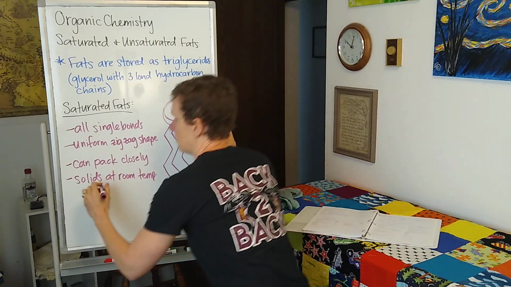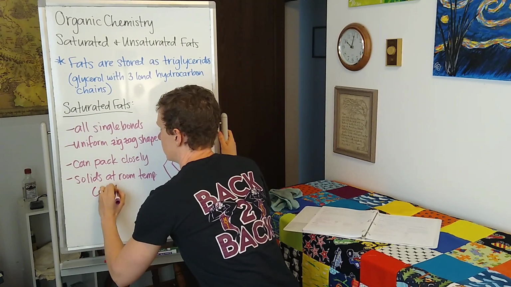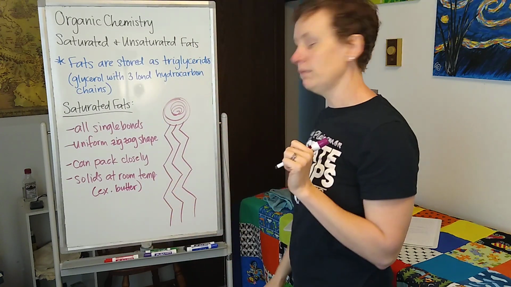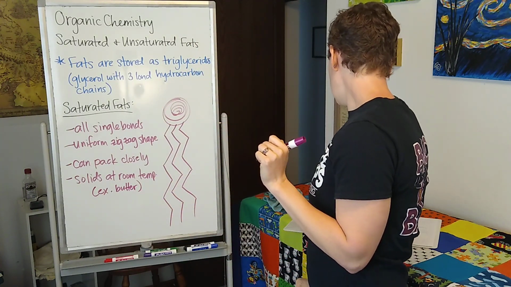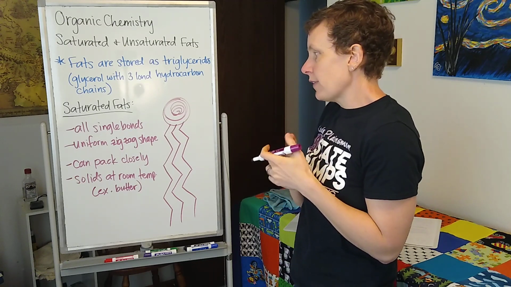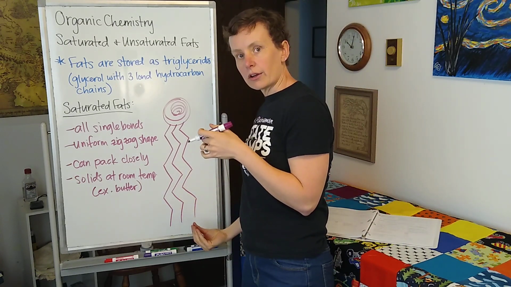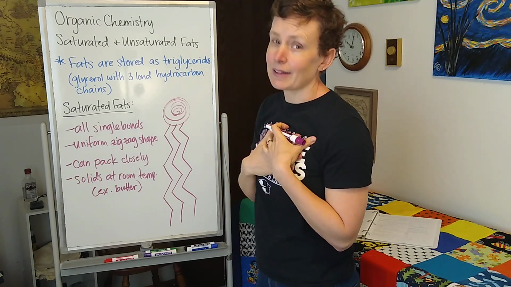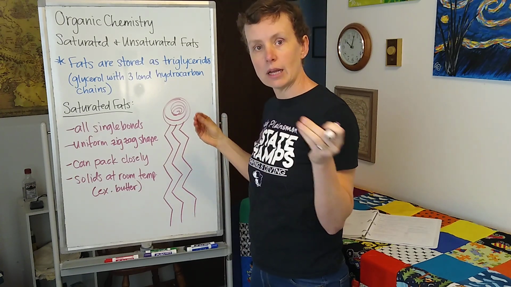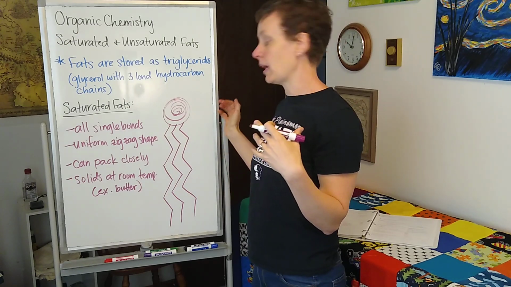An example of that could be butter. That's going to be mostly saturated fat. And then we're going to talk about their health. Saturated fats can also pack closely together inside our arteries, and that's not super good for us. If they can pack closely, then they can build up over time, and that causes a lot of health problems.